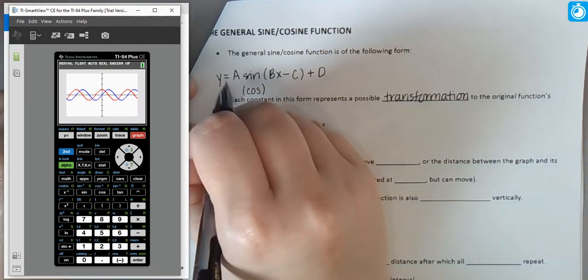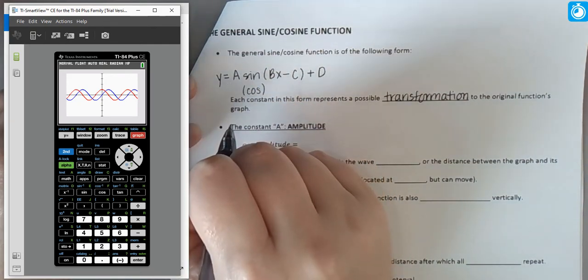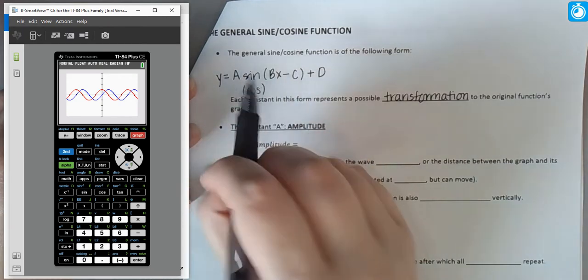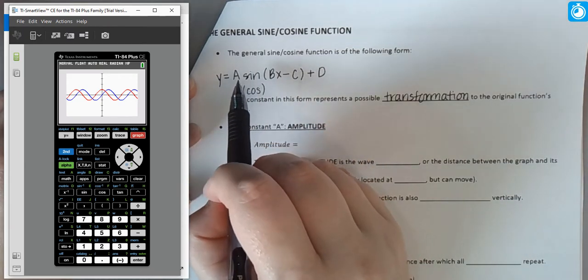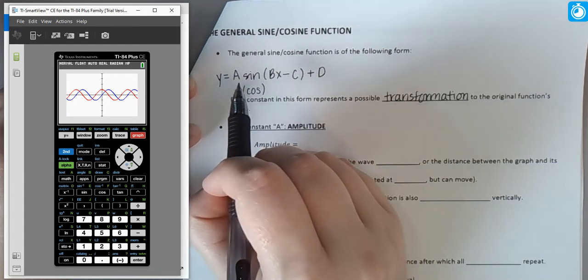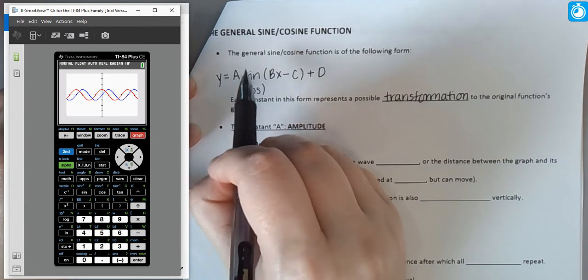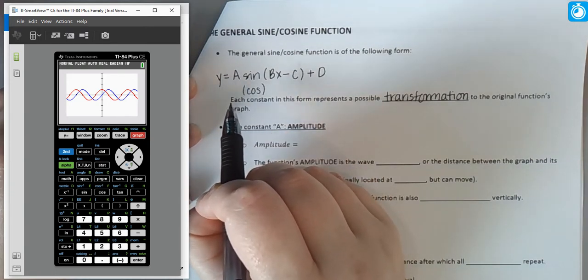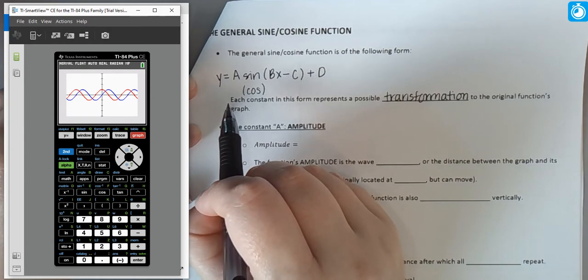So the constant a is multiplied out in front of our trigonometric function, either sine or cosine. Now, if we're talking about just one of our standard parent functions, anytime we multiply by a constant in front of the function, that's going to be a vertical stretch or compression.